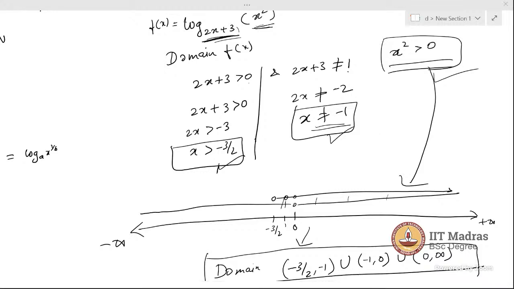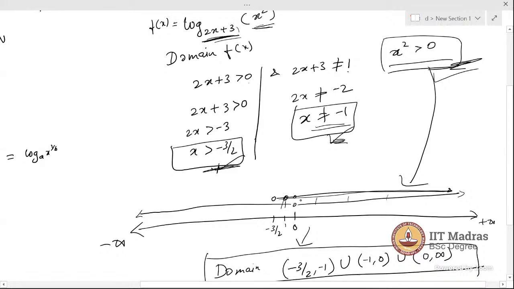From here, we got that this can take all the negative and positive x values except 0. From here, I got that x has to be greater than -3/2, or -1.5, so this part comes into the picture. Also, x cannot be -1, which is somewhere here.